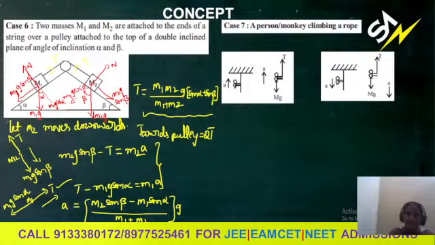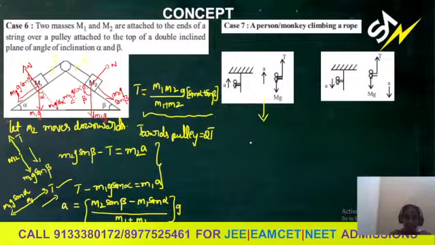So next, let us analyze case 7, a person or monkey climbing up a rope. See the first diagram. Person climbing up the rope with an acceleration a.